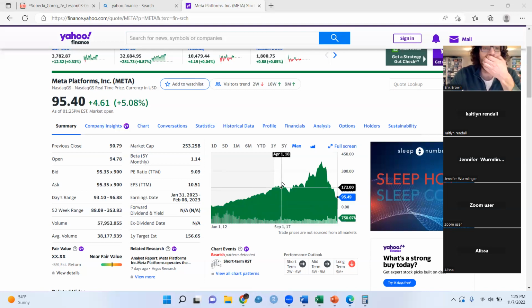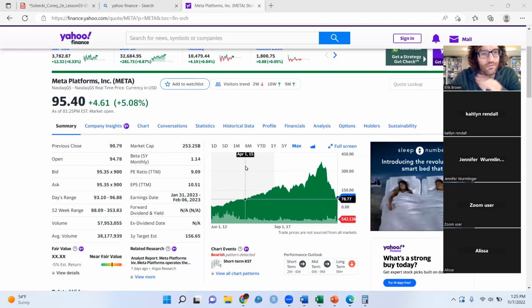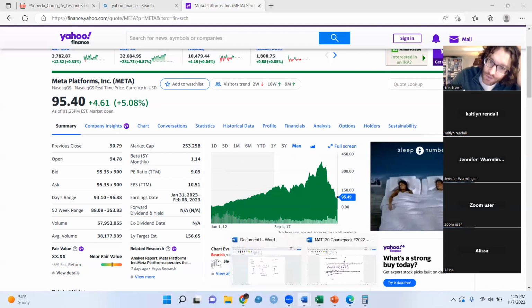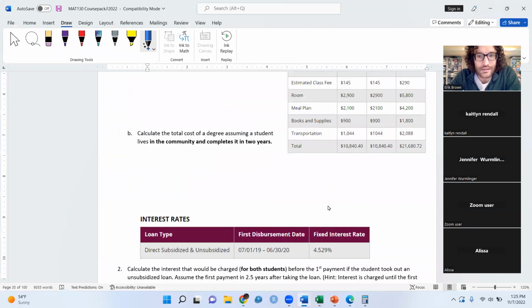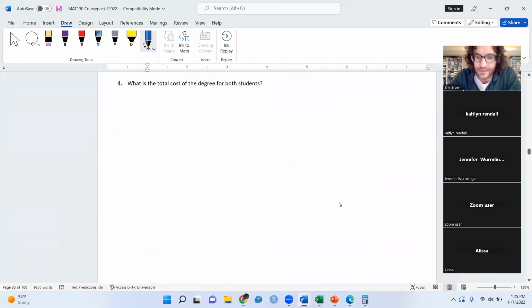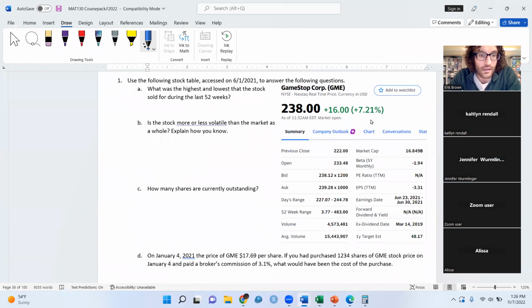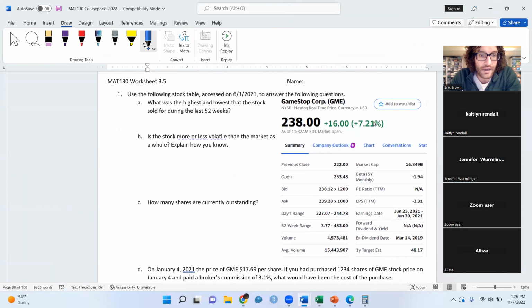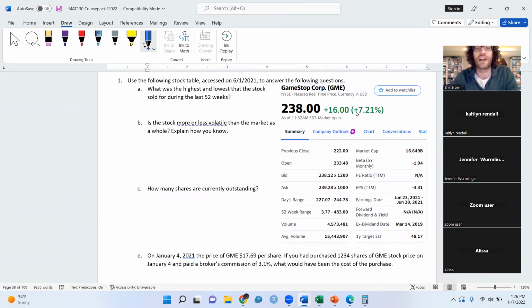Okay, so I think what I want to do, since we've just gone over some of the reading of a stock ticker, is have you open up the worksheet. I've got a stock ticker from way back in time listed on here. This is GameStop's stock ticker. And I want to see if you can answer A through C. All right, so let me give you 5 minutes. It's probably way too much time. There's enough time for me to go get some water.